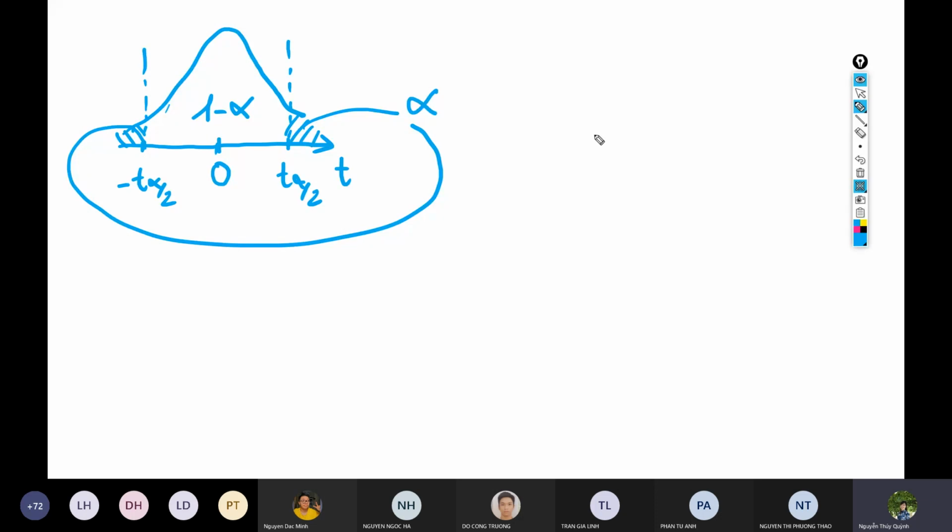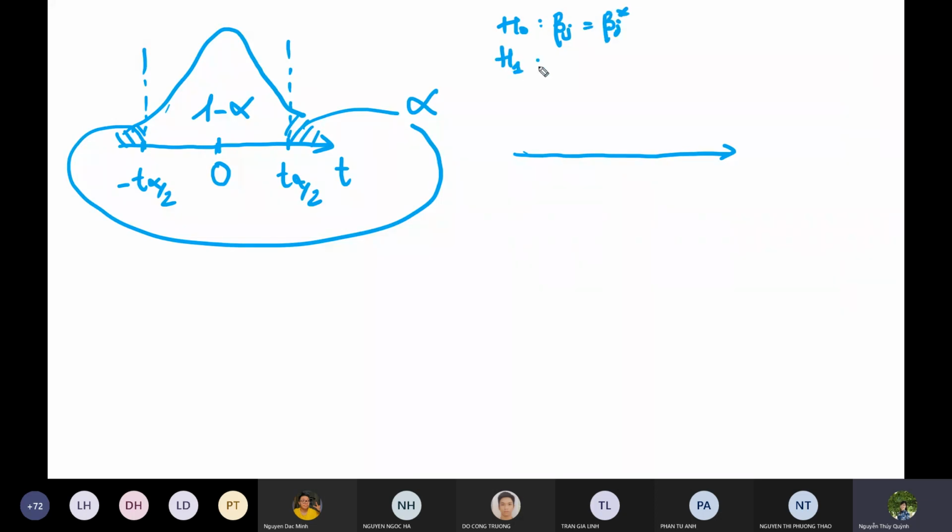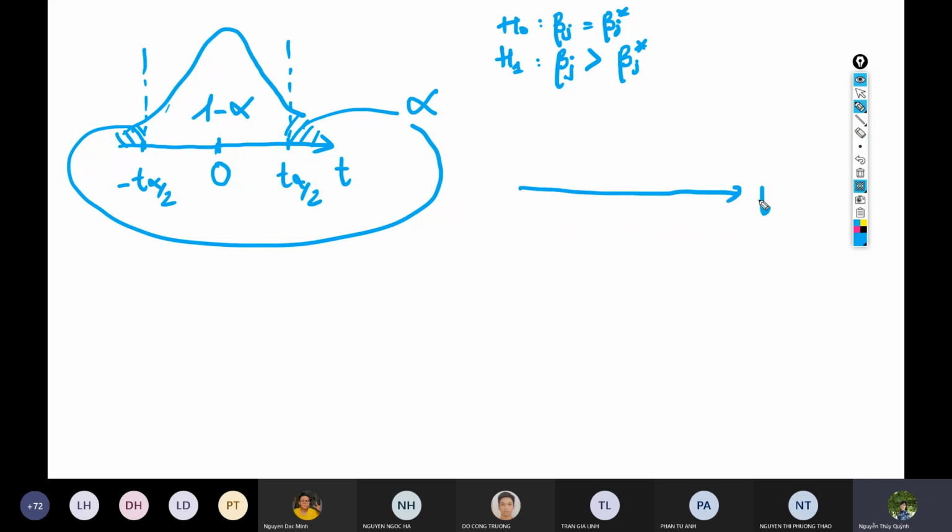And the same happens for the one-sided test. For example, H0 is beta zero equals beta zero star, and H1 is beta zero larger than beta zero star. Then we will have the region of acceptance like this. Here is t, and this one has an expected value of 0.